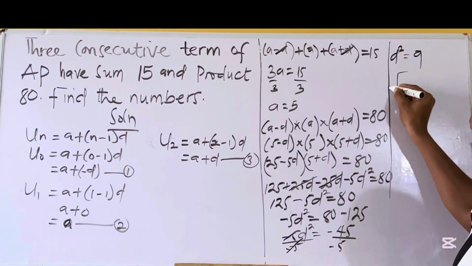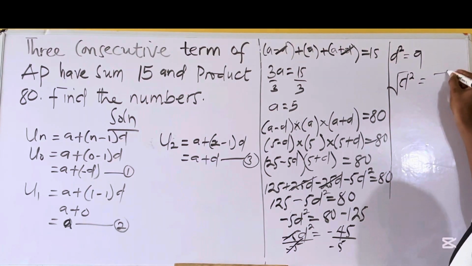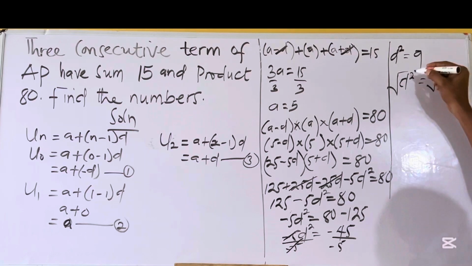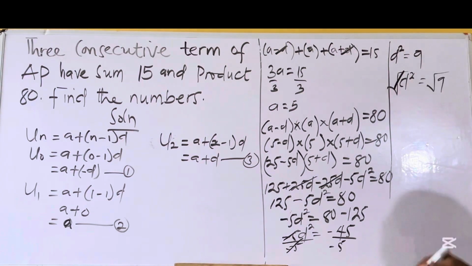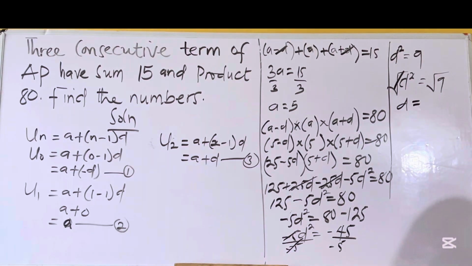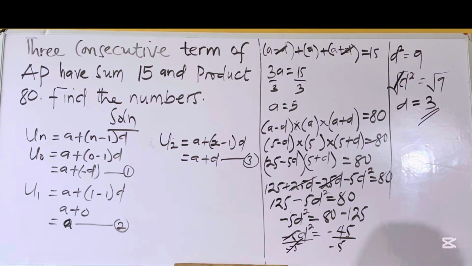Now we take the root of both sides. So this will take this away, and we have d to be, we know root of 9 is 3. So we have d to be 3. So we were able to get our d and our a.